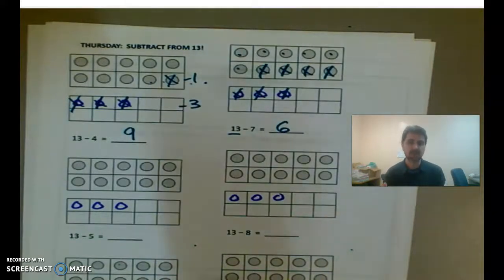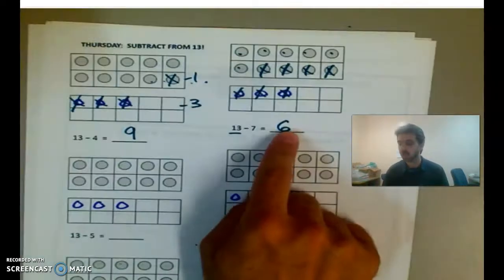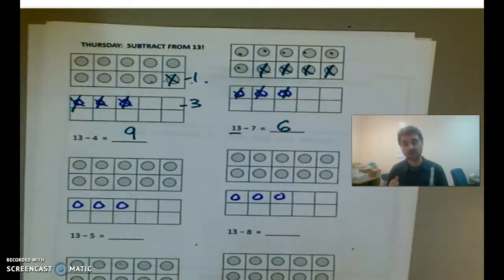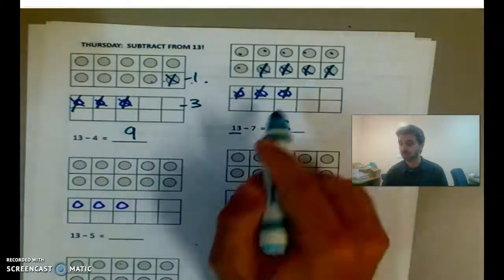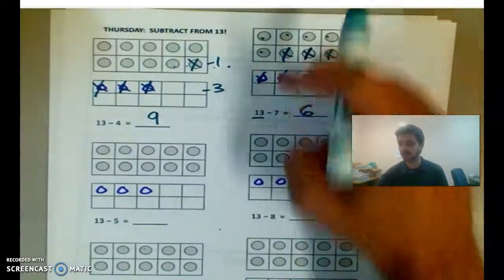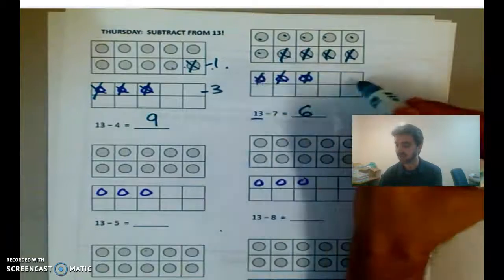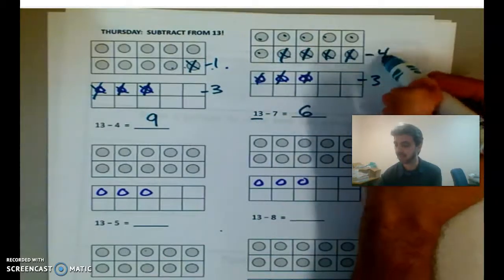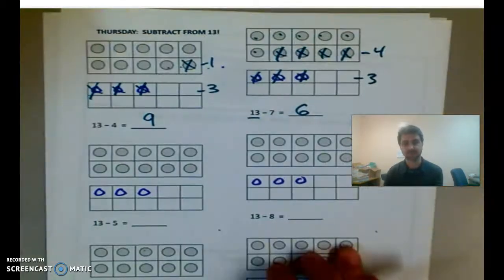And then I have to subtract 4 more. And I know that 10 minus 4 is 6. And there's my answer. So that's where I'm trying to push you. If you're not ready for it, I understand. You can use this strategy. It works as well. And the double 10 frame really shows you, first you subtracted 3, and then 4 more, and then you got your answer.